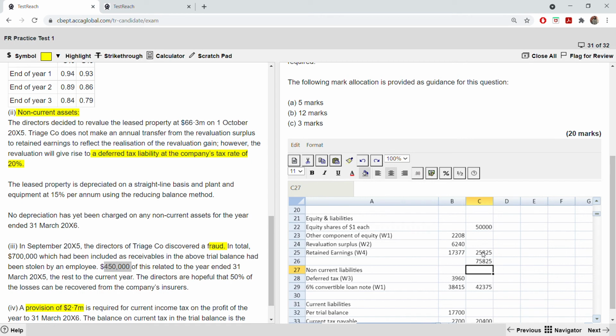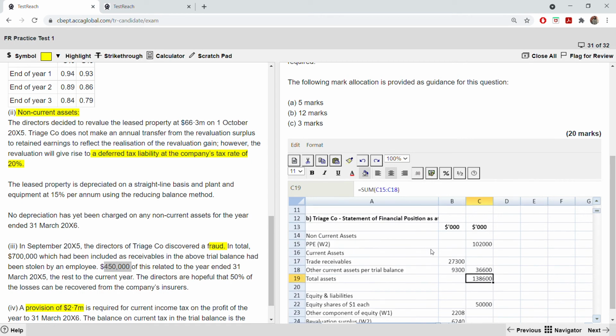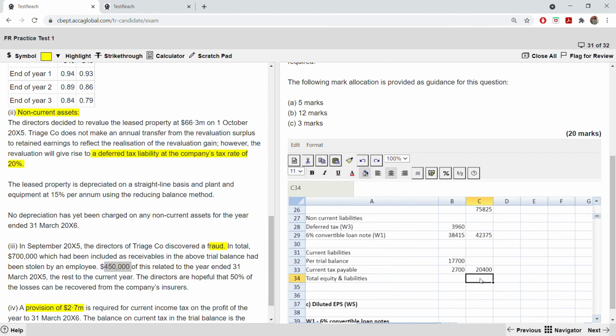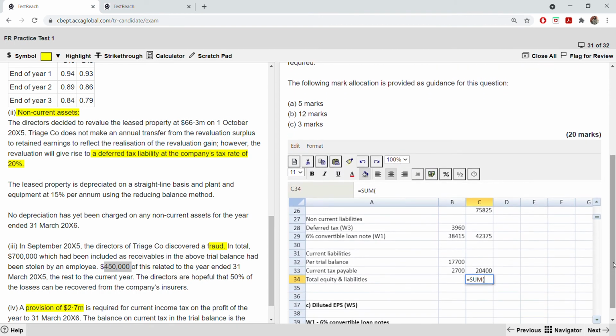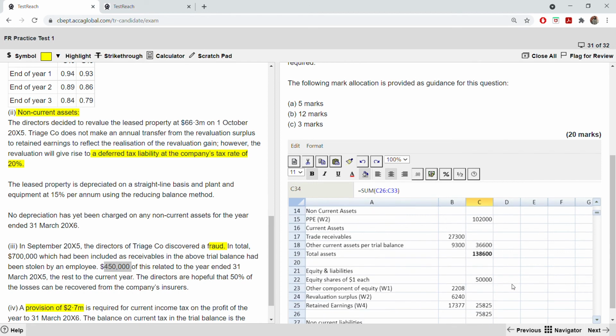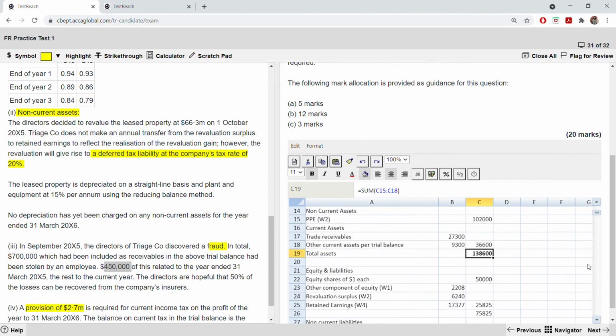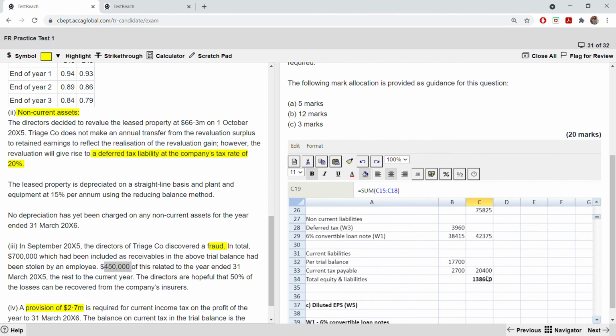That means it should be equal to this balance here. Sum, so you're adding all these three. Just see whether it balanced or not. 138,600, 138,600. It balanced. You can even highlight it, like how you did for this, to show that it balanced, 138,600, 138,600.